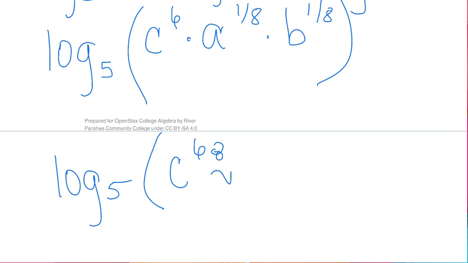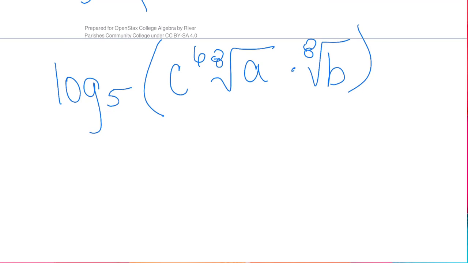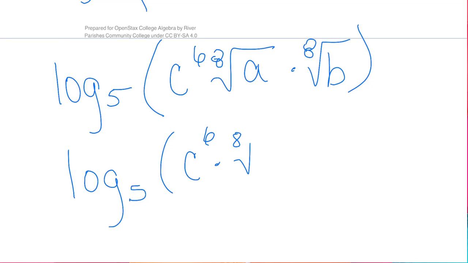So the 8th root of a times the 8th root of b. And if you know anything about radicals, you know that we can combine those two radicals because they have the same root number. So c to the 6th times the 8th root of a times b. There we go.